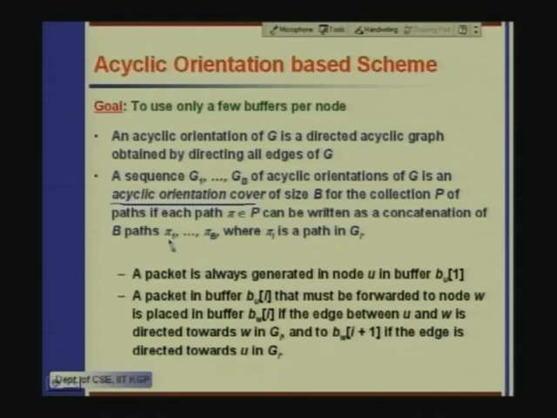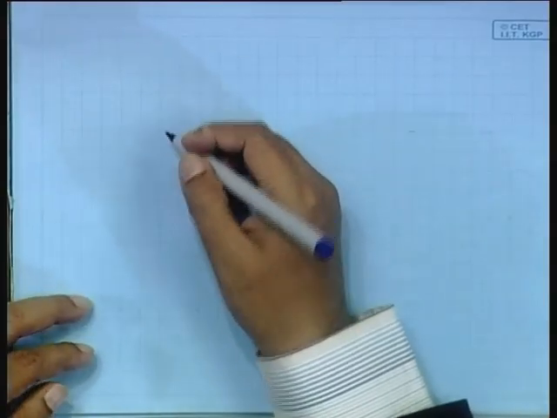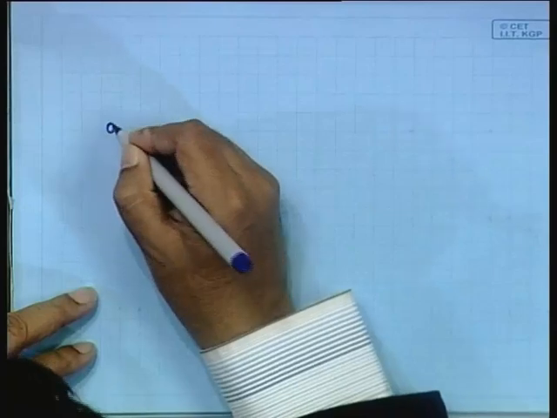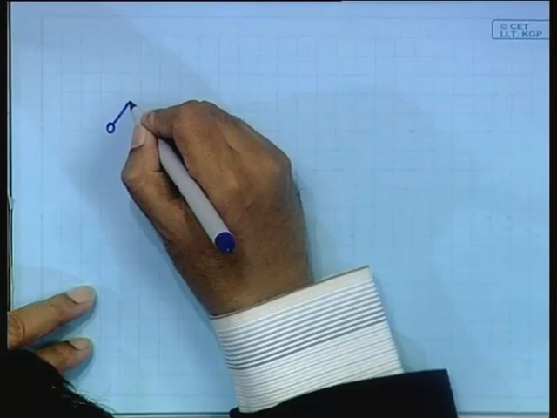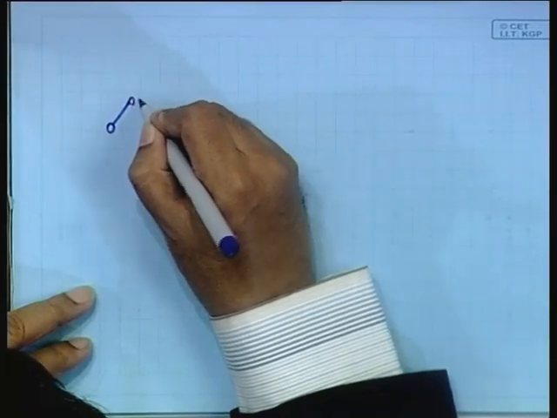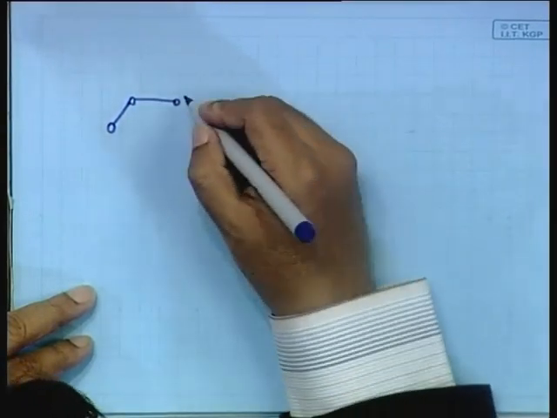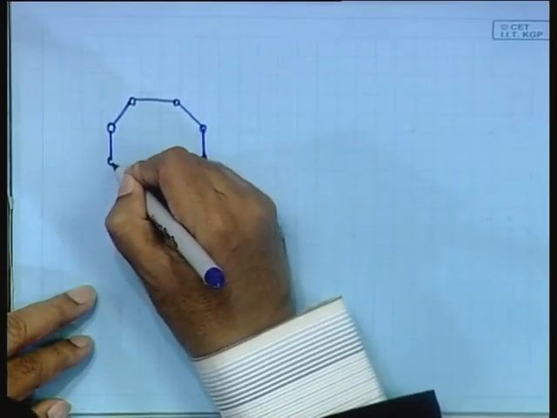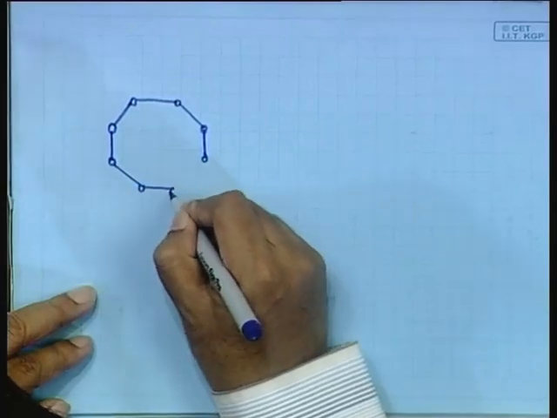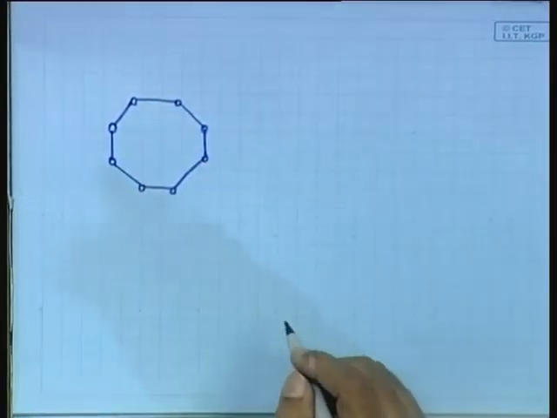Okay. Let us see an example first of an acyclic orientation cover, then we will go into more generic case. So, I will start with a simple example of a ring. Okay. A ring. So, for a ring like this, suppose this is a ring.